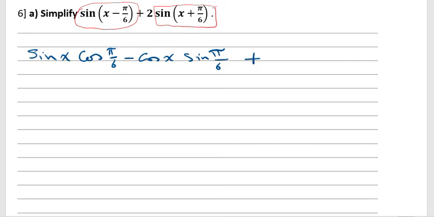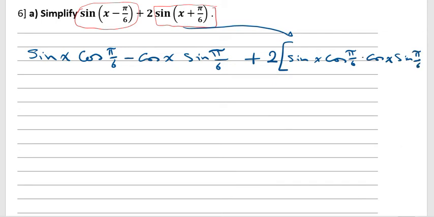The other part is plus 2 multiplied by the expansion of sine of x plus pi over 6. It will be sine x cosine pi over 6, cosine x sine pi over 6, and the sign between will be the same, plus.